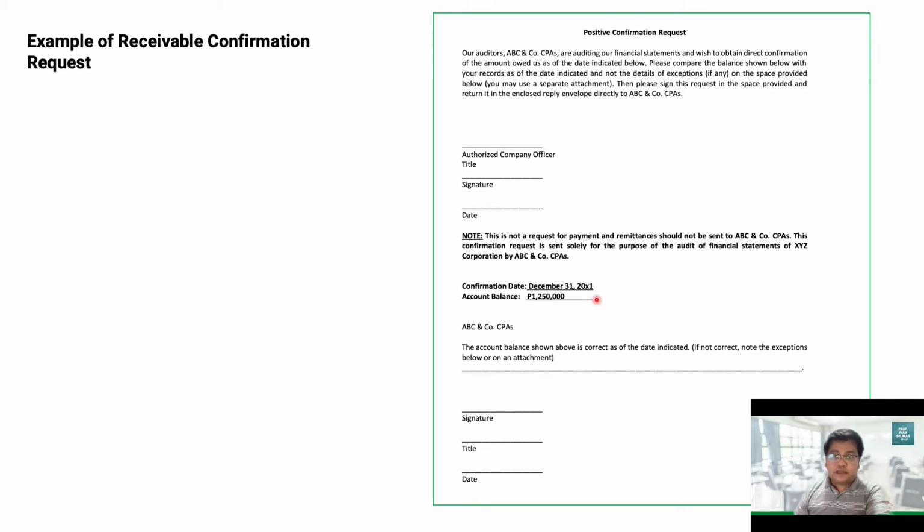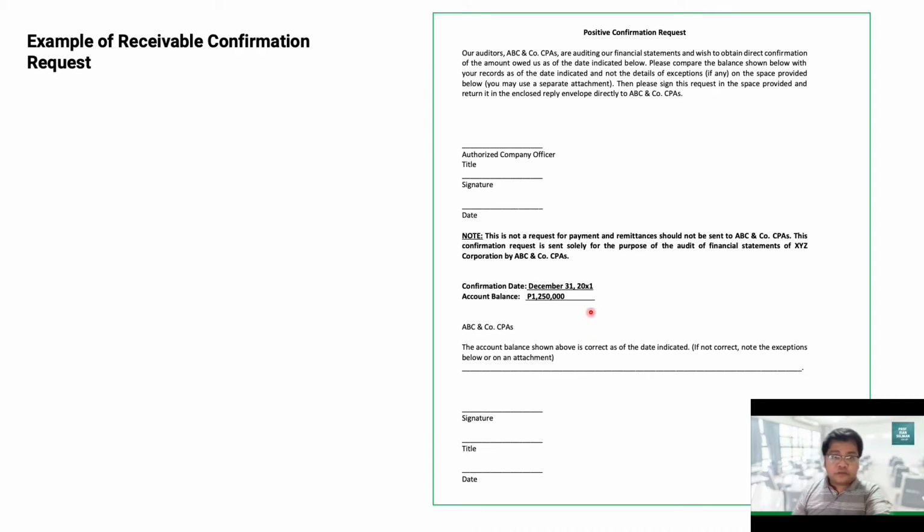So for example, if they paid the account in January and we confirm whether the customer has a balance of 1,250,000 as of December 31, 20x1, the customer would assert that they don't owe our client any amount of money when we send the confirmation, which is sometimes in the second week of January.